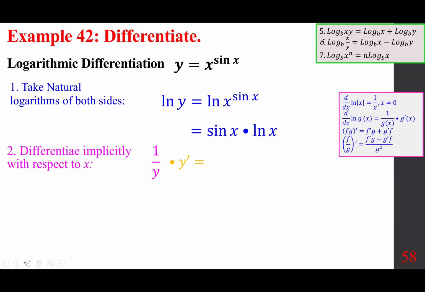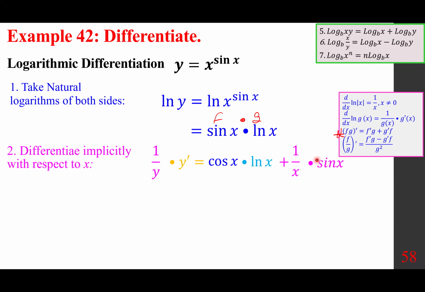I'm going to write it f times g, and we are going to use the product rule on that, which means the derivative is f prime g plus g prime f. f prime is cosine x times g, ln x, plus g prime, the derivative of ln x, is 1 over x, times f, sine x.